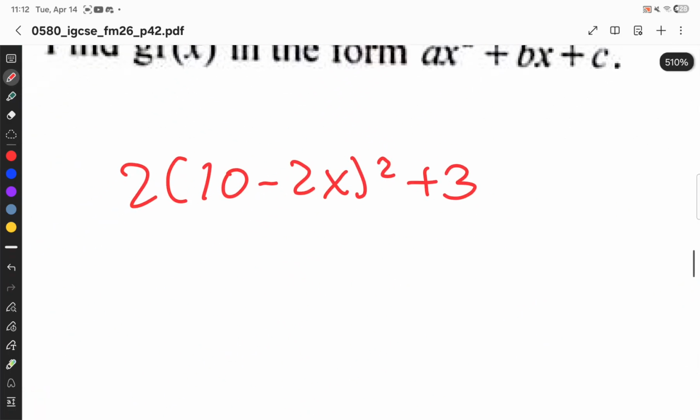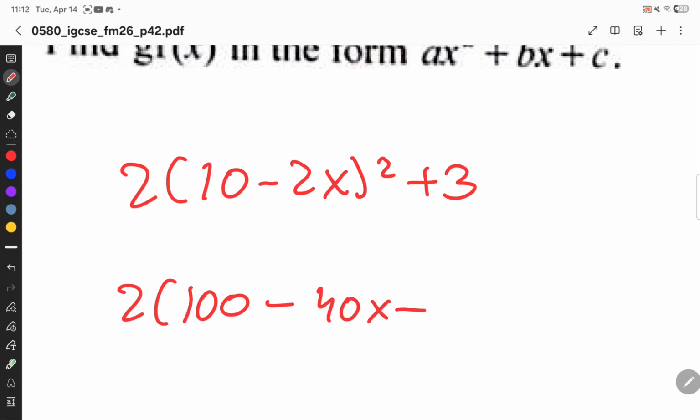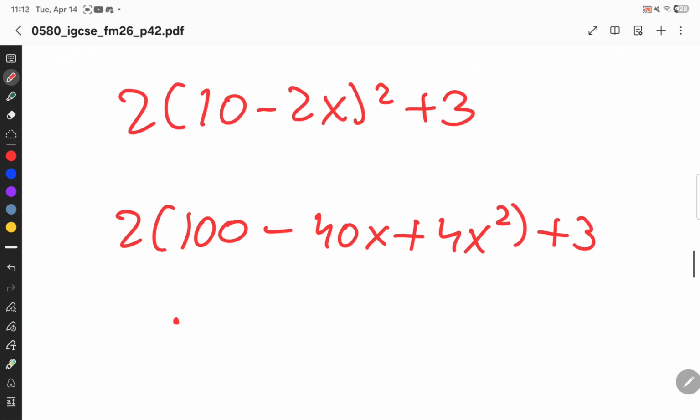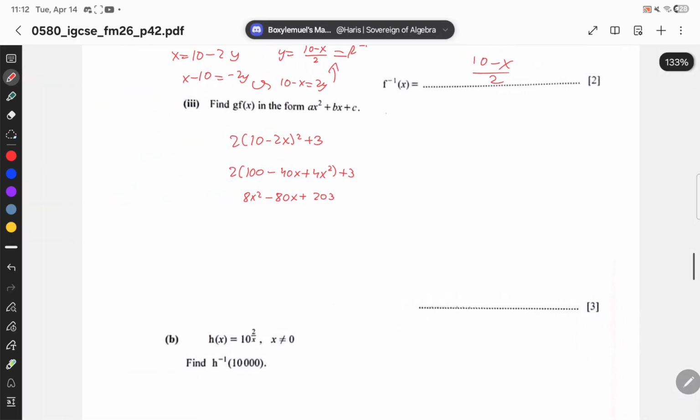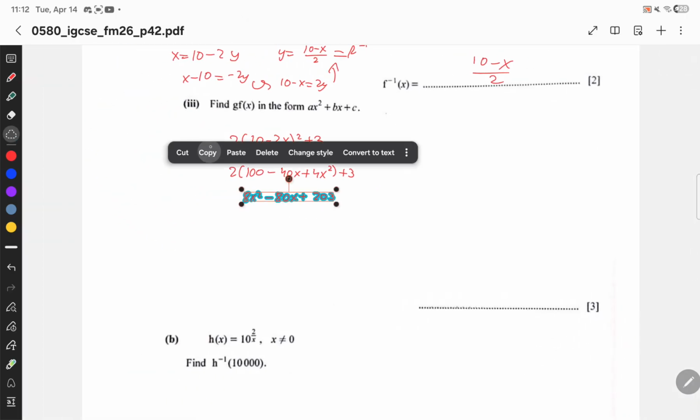We expand this to 100 minus 10 times negative 2 times 2 is equal to 40x plus 4x squared plus 3. So this is 8x squared minus 80x plus 203. And blah blah blah, you get the answer like so.